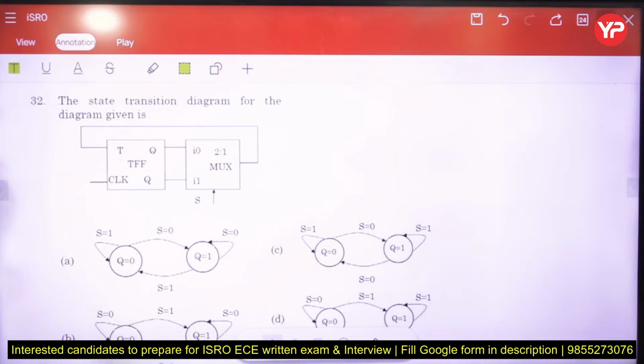So basically this one is given to you, you have to draw the state diagram.